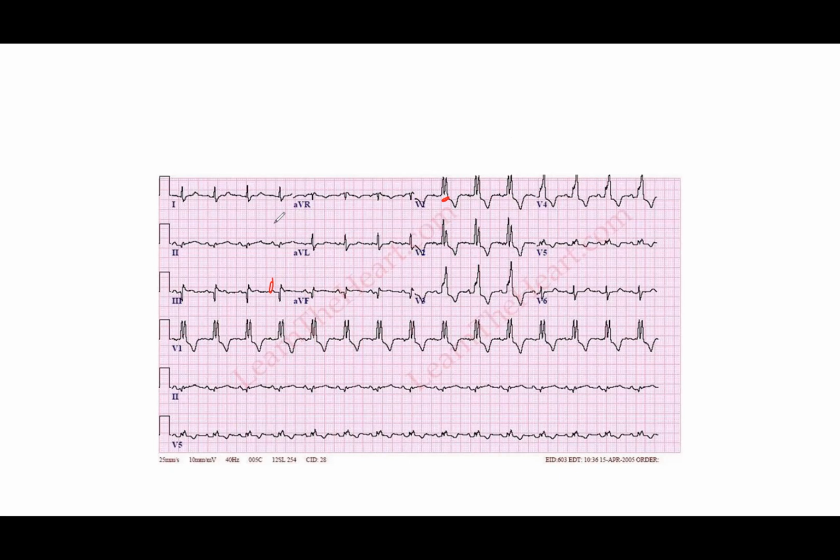R to R is regular. So we got a sinus rhythm. The rate's 60 to 100. So we got a sinus rhythm. We got some kind of bundle branch block, though. So how do we figure out what kind of bundle branch block we got?